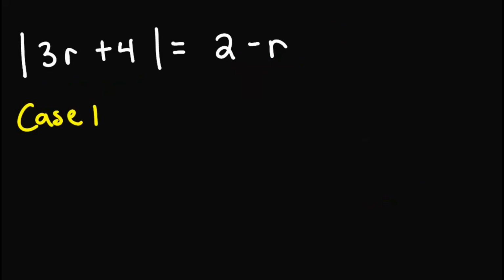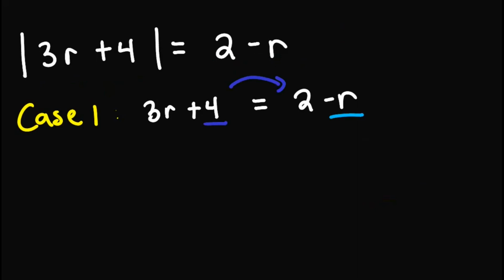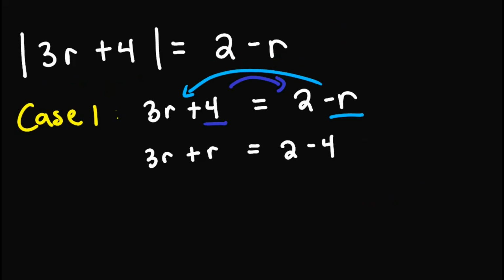For case 1, we have 3r plus 4 is equal to the positive version of the right side of the equation, which is 2 minus r. This one is just a linear equation, so we can move this 4 to the right side and move negative r to the left side. We'll obtain on the left side 3r plus r equals 2 minus 4.